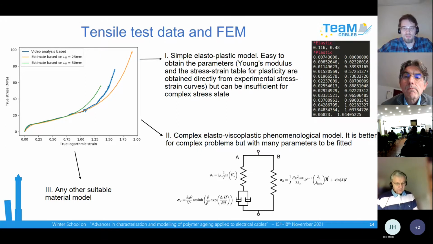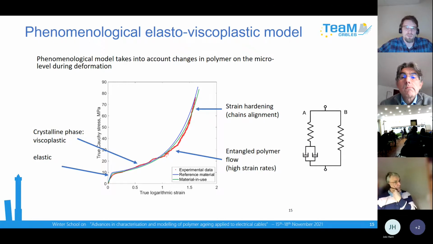The state will be complex, and it's probably not sufficient to use the simplest models, so we need to consider something more complex. For example, here you can see the elasto-viscoplastic phenomenological model which we used. And on the next slide, I will explain a bit more about this model.